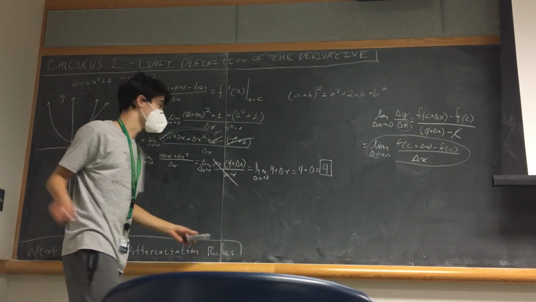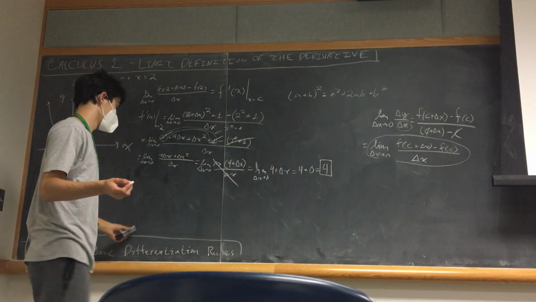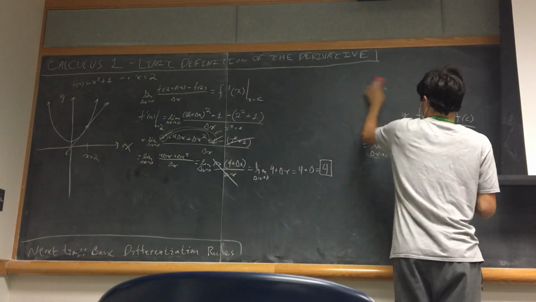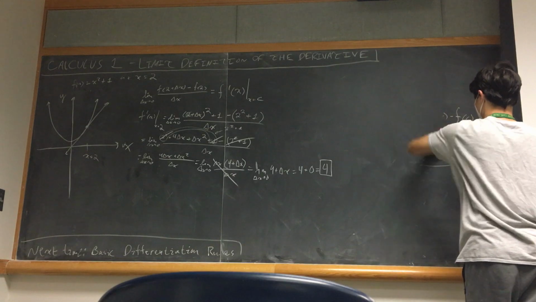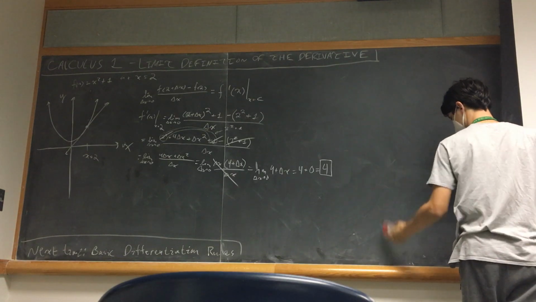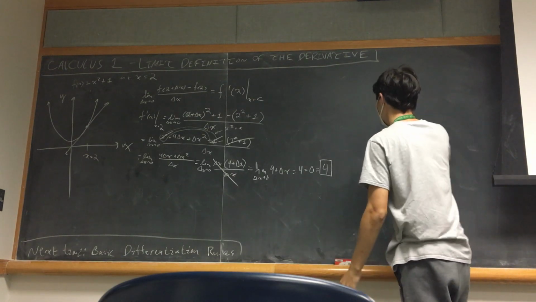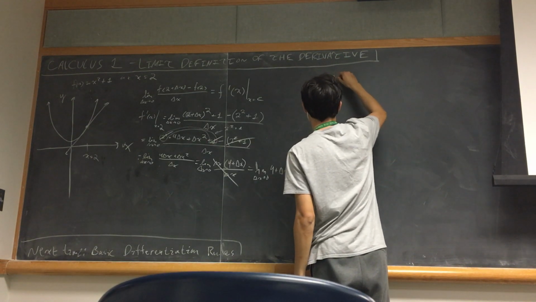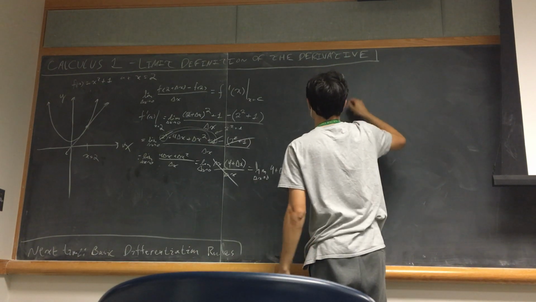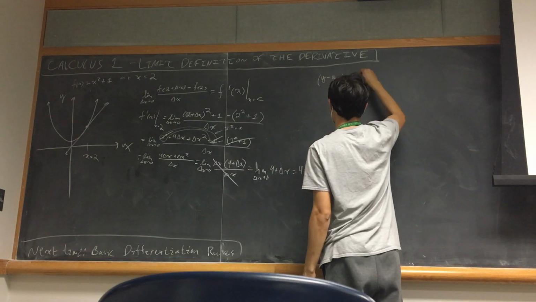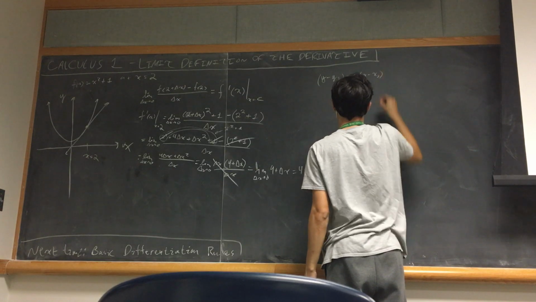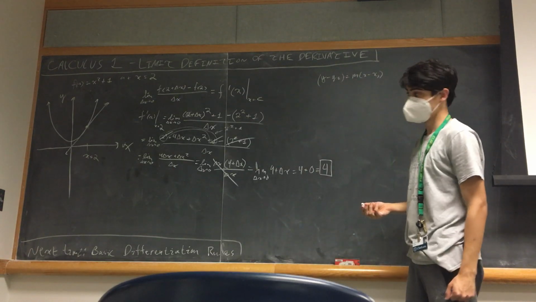Now let's say we wanted to take this calculation one step further, and we wanted to calculate the equation for the tangent line at x equals 2. So we know from the point slope formula that y minus y1 is equal to m times x minus x1.